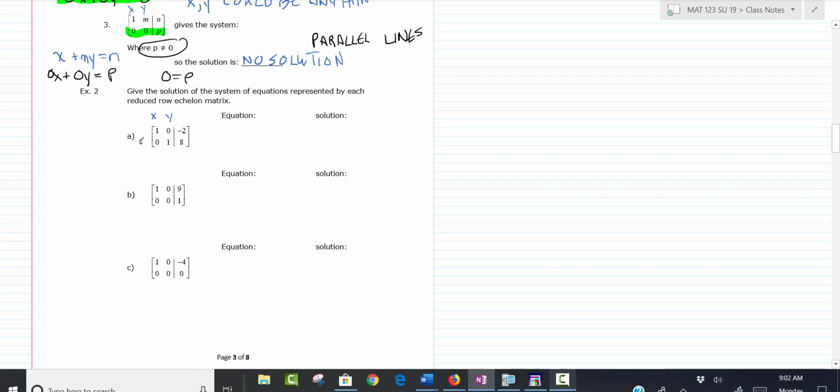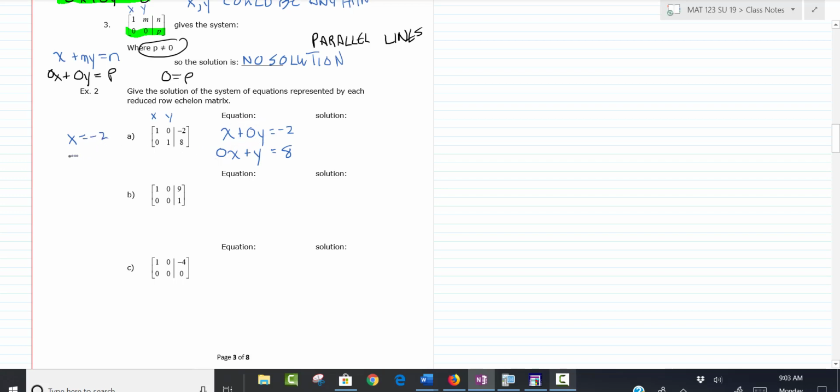Okay, so we would just have 1x, or just x, and then plus 0y equals -2. And then the second equation would be 0x plus 1y equals 8. So really what this represents is x is -2 because that goes to 0.